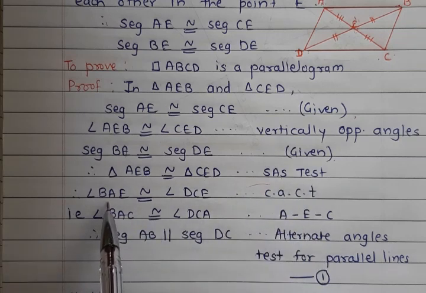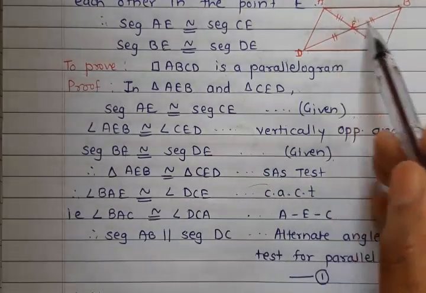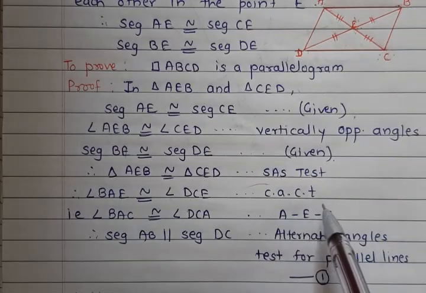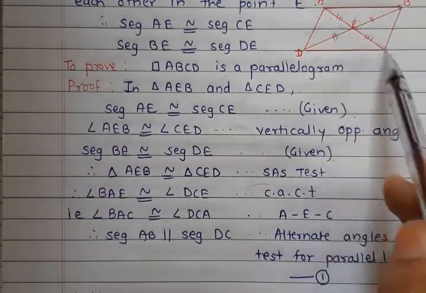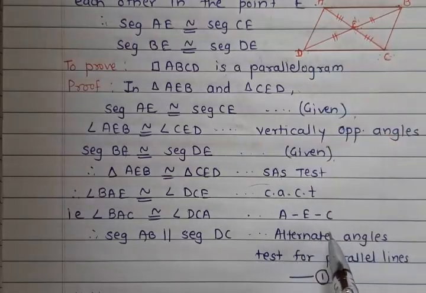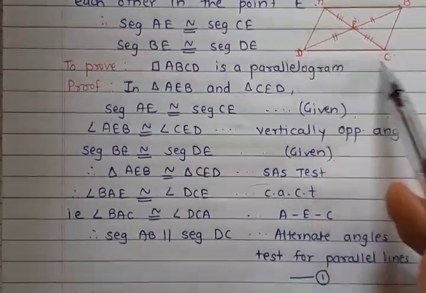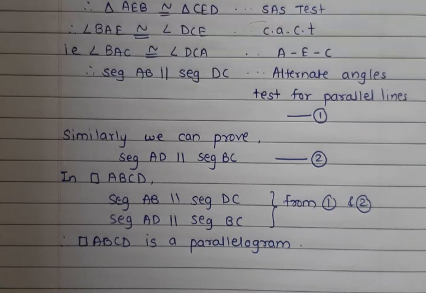Then angle BAE is congruent to angle DCE, corresponding angles of congruent triangles. Now instead of that we can write angle BAC congruent to angle DCA, by using betweenness. But these are the alternate angles. So segment AB is parallel to segment DC, by the alternate angle test for parallel lines.